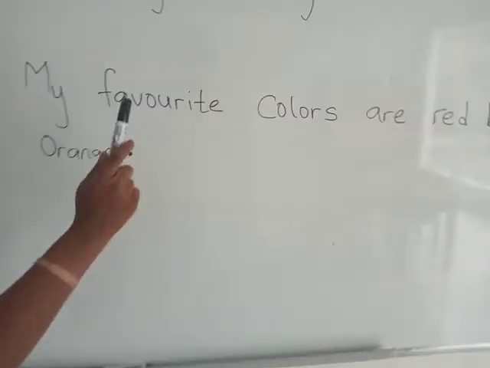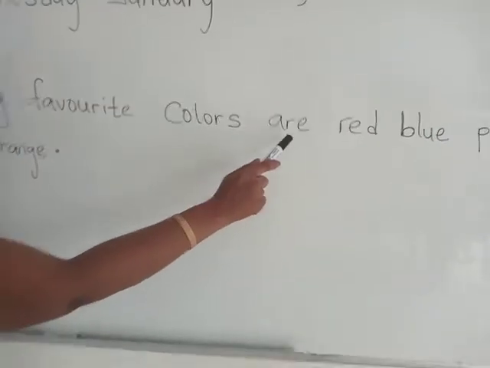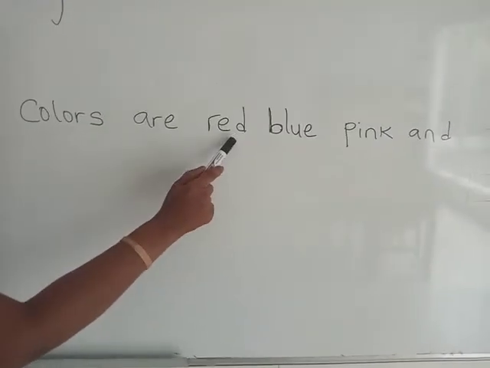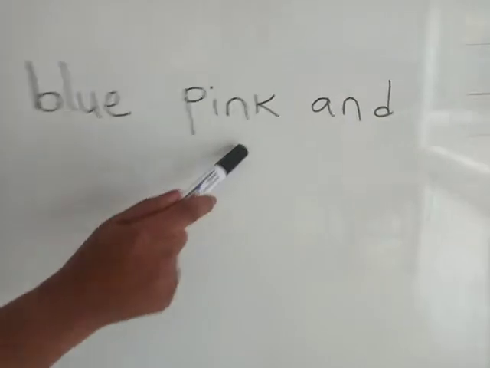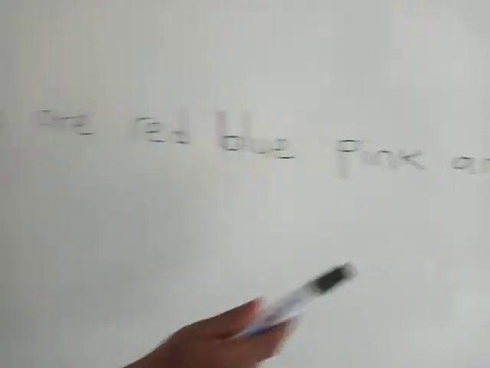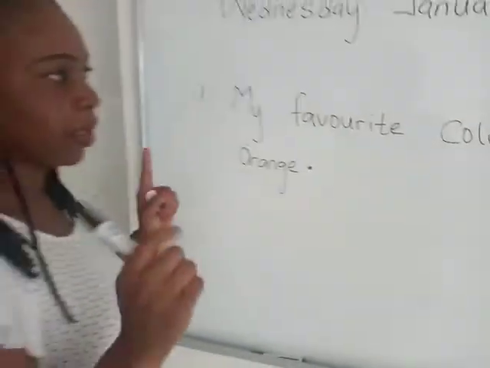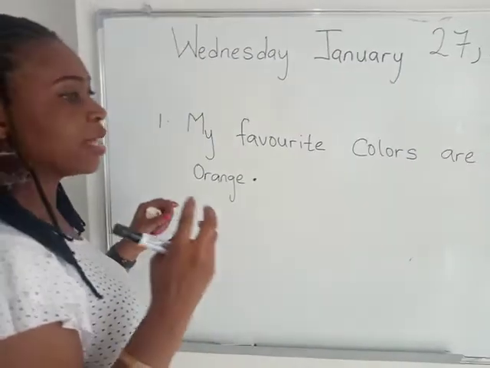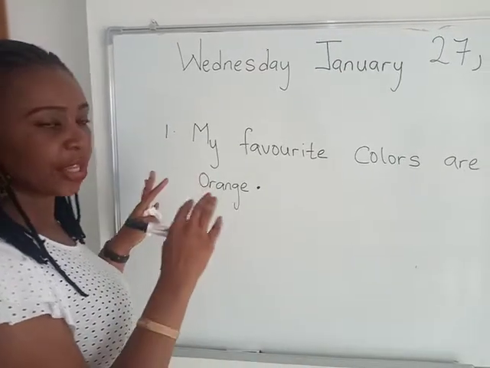My favorite colors are red, blue, pink, and orange. Now listen properly while we read it one more time so that you can see where we have items being listed in the sentence.